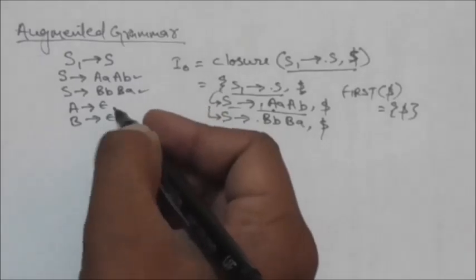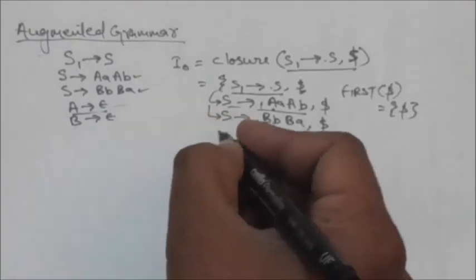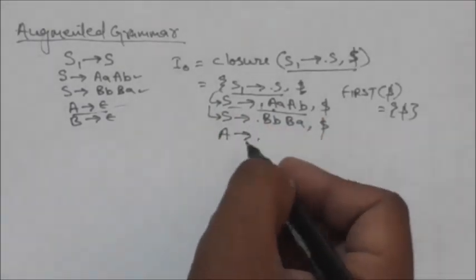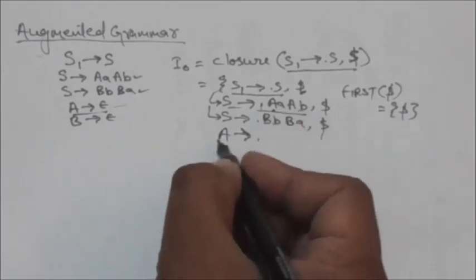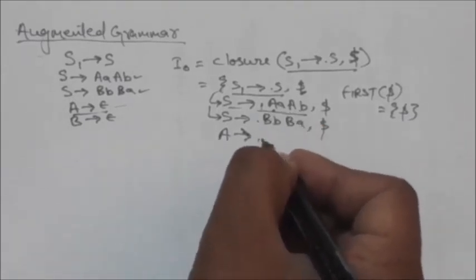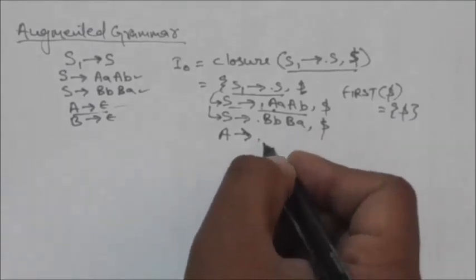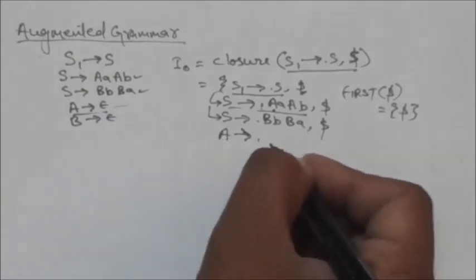So corresponding to this production rule I will add this item A derives dot. Here you can see that this non-terminal A is at left and at right the dot is at leftmost position. Now I need to find the look ahead symbol for this item.